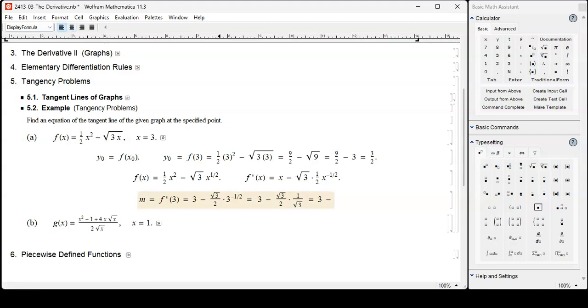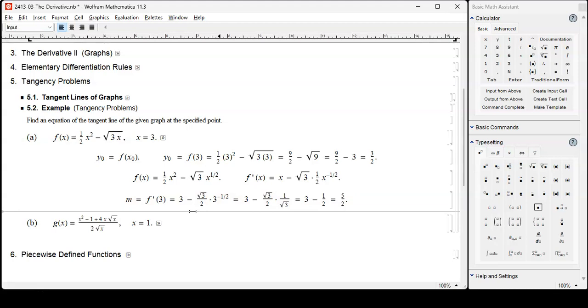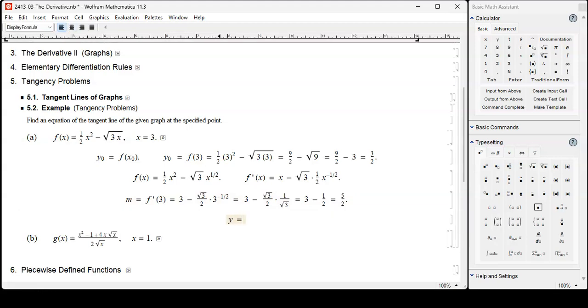We get 3/2 like this. And what is this? 6 minus 1, 5/2. Of course, you can punch this into a calculator. In any case, we have the slope 5/2. We have the slope, we have the point, so we have the equation of the tangent line.